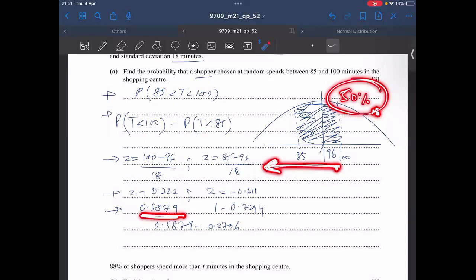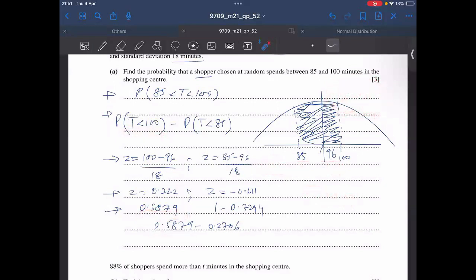This probability 0.5879 is of t less than 100, because the area is more than 50%, and that's what you need. So we have used it as it is. We didn't subtract it from 1. That's the theory or the background.